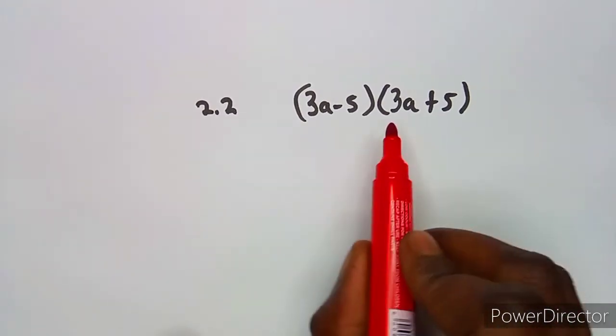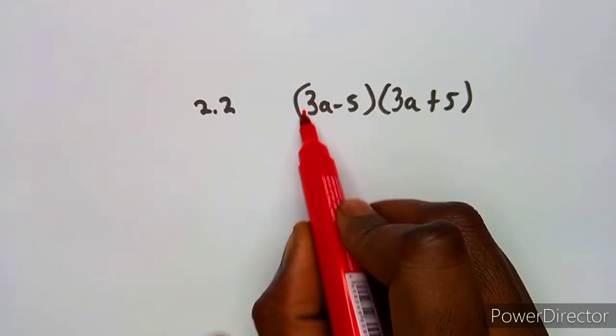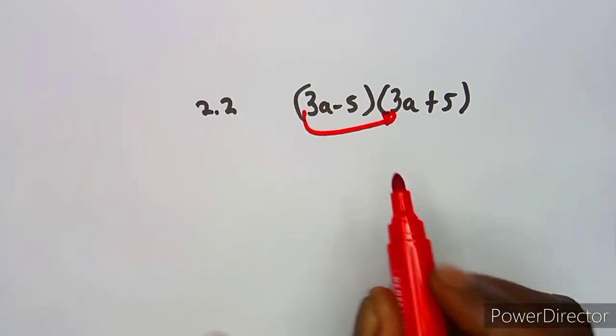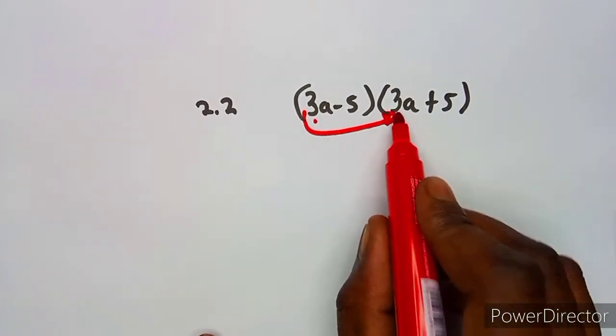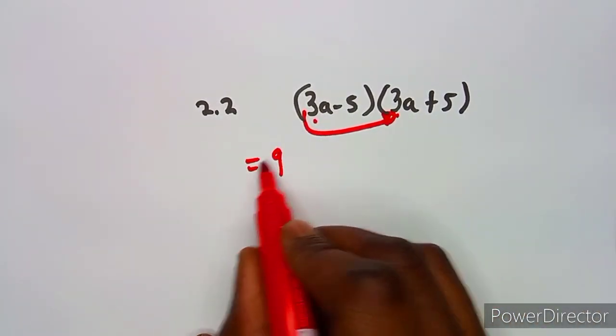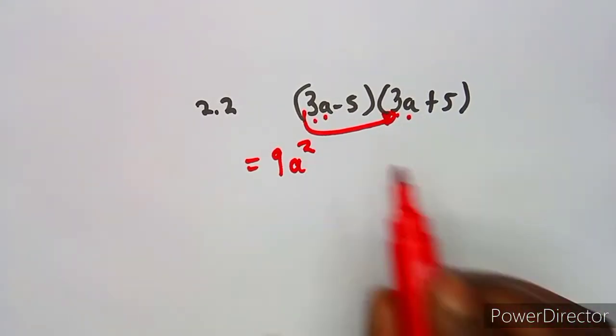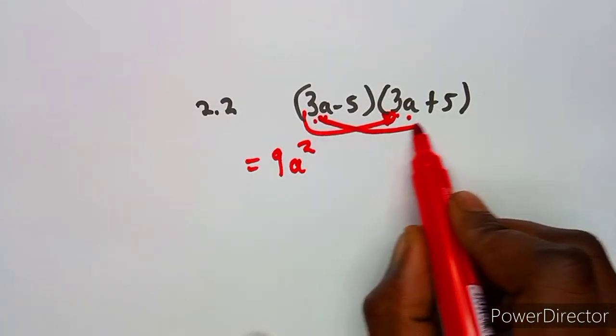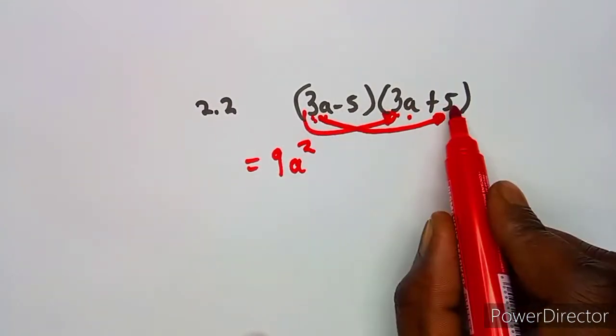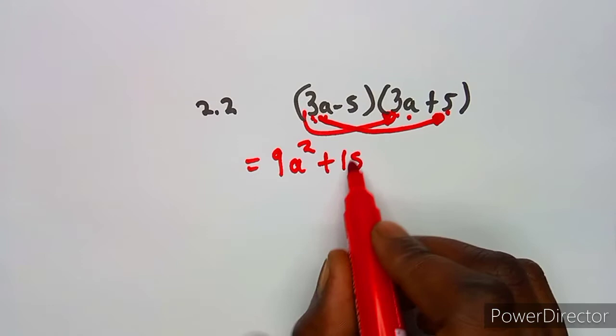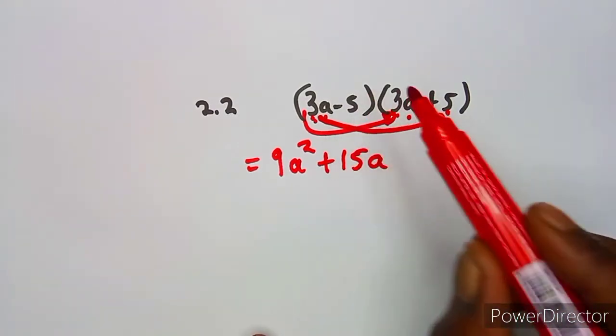So how do you multiply this? So it's going to be 3a and multiply to 3a. So 3 times 3, that is going to give us 9. A times a, which is a squared. All right. You move on to 3 and 5. So it's 3 times 5, which is 15a. Okay, we are done with these three.